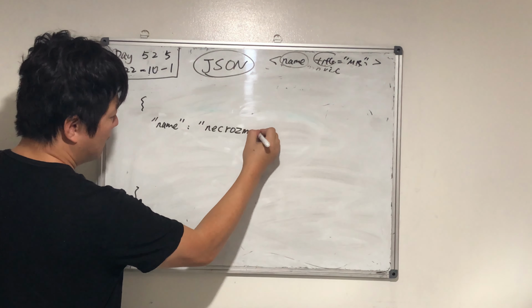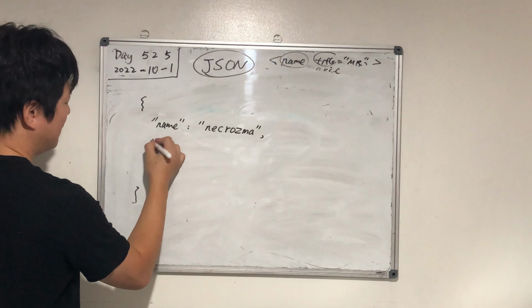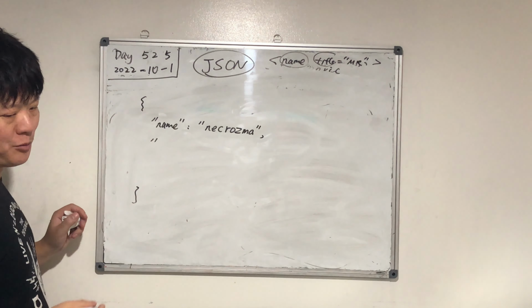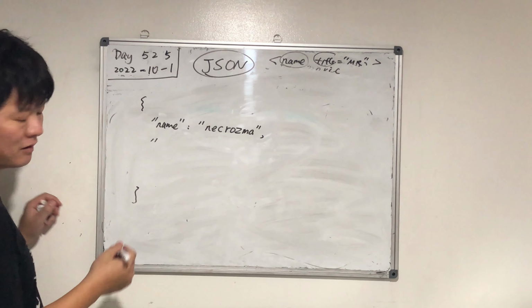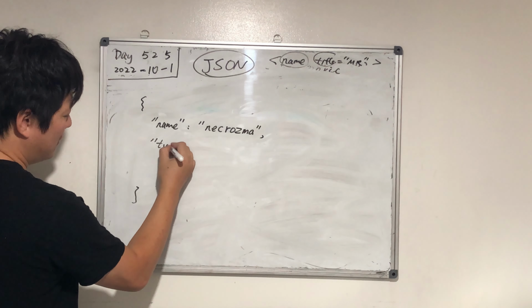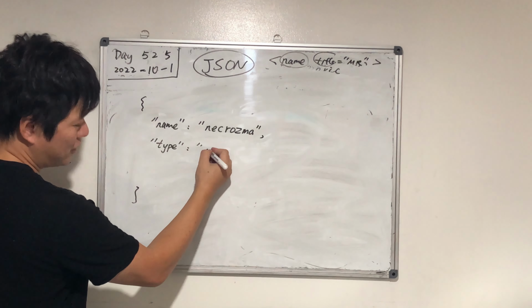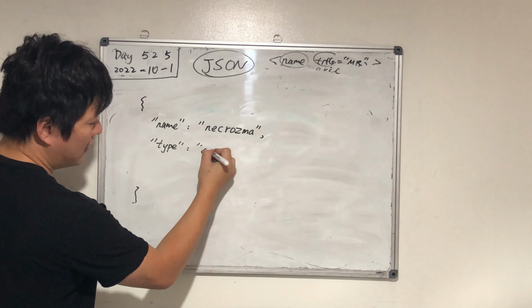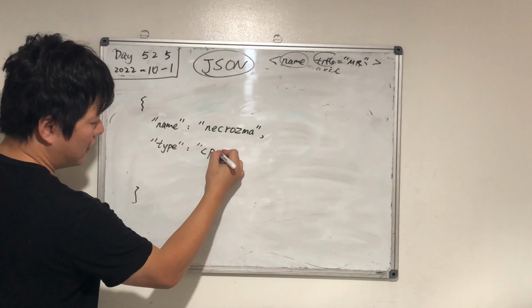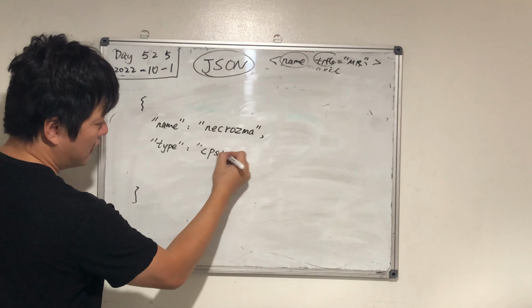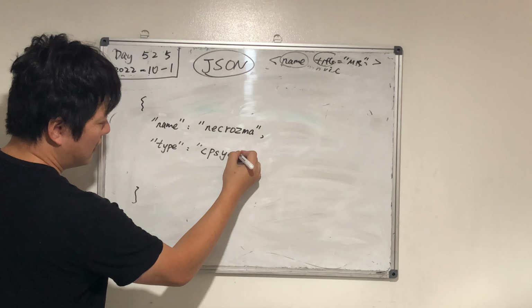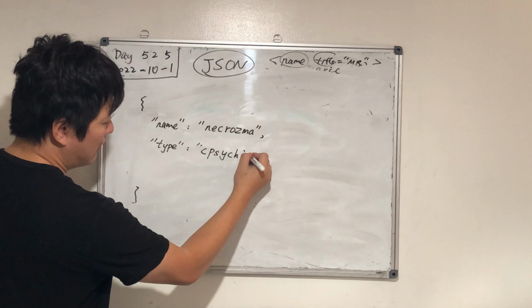Necrozma. Okay. And then, does it have any attributes? It's a psychic type. Type psychic. How do you spell it? Psychic. P S Y C H I C.